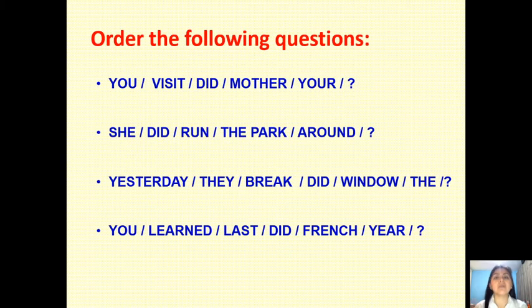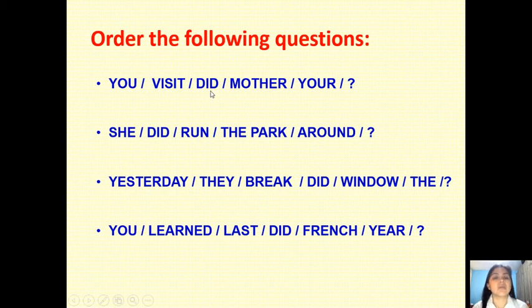But first, we are going to practice here. Remember that we have to follow the structure. For example, the first one. We have to order the sentences. I will say number one, and then you continue working in your class. In number one, what is the correct order?